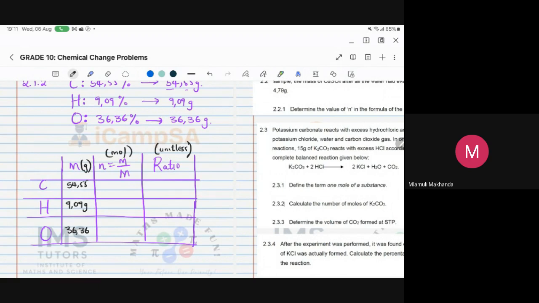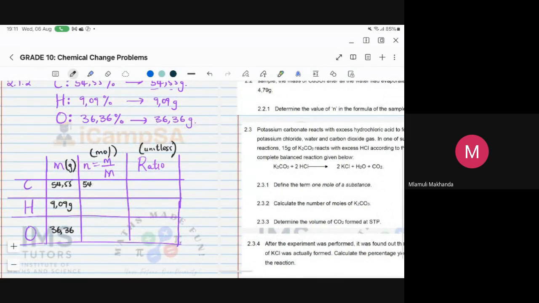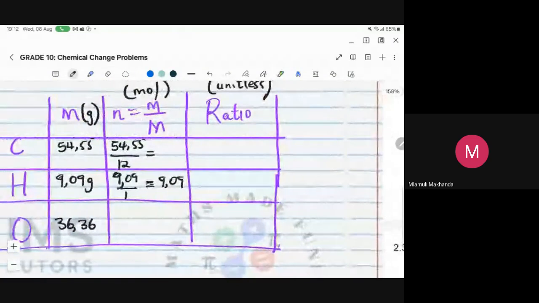For carbon, 54.55 divided by 12 will give us the number of moles. 9.09 over 1 will surely give us 9.09, right? 36.36 over 16 will surely give us a specific number of moles.